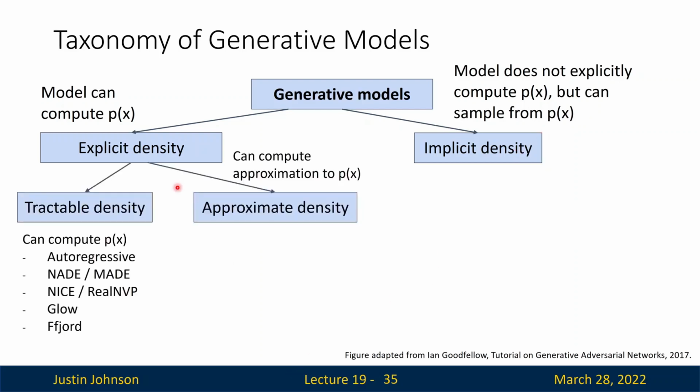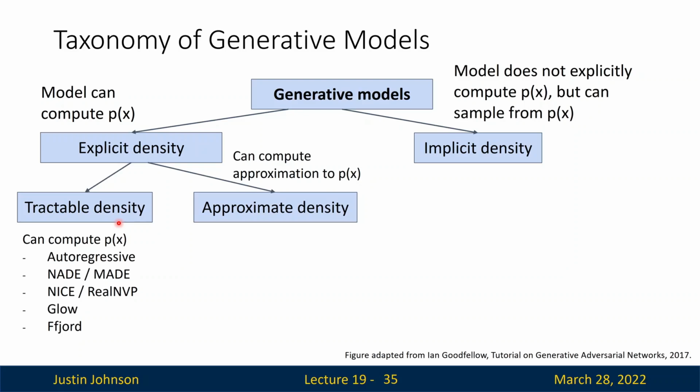And okay, there are also two branches for the explicit density approach. One is yes, we want to build a model, and then the model can exactly compute the probability of the image data, pixel by pixel. If I am given a region and want to predict the next pixel, it's fine.